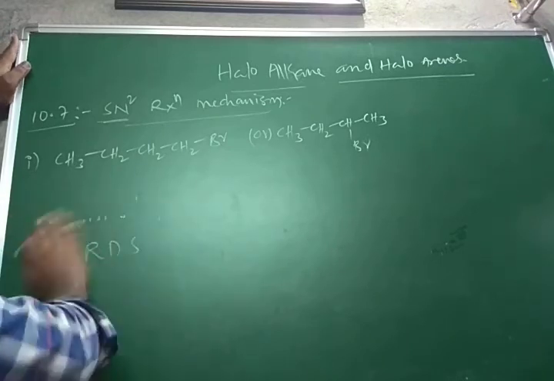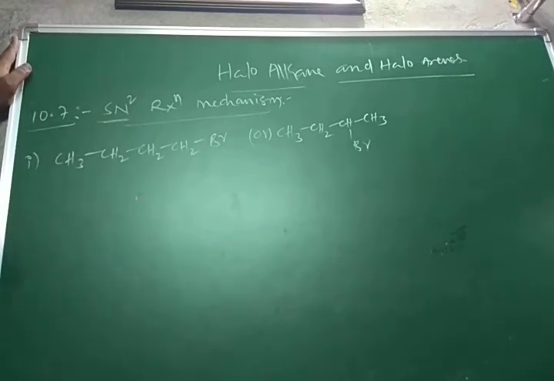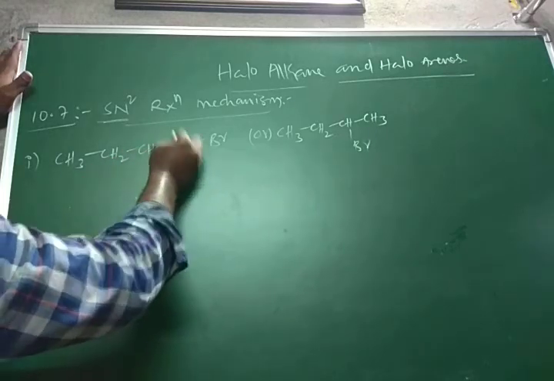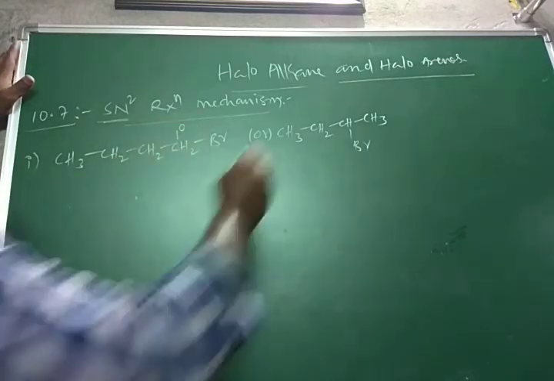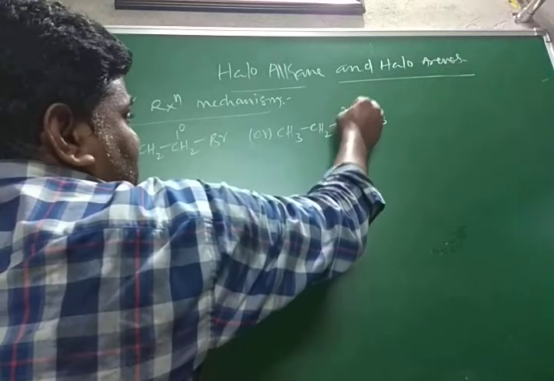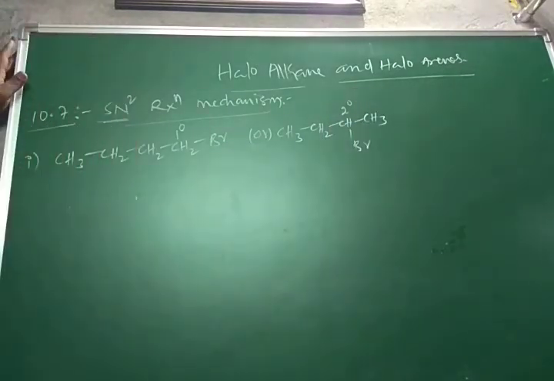In this one, first identify the primary and secondary carbons, then we will easily know which compound can follow the SN2 reaction mechanism. Here this carbon is primary carbon and this carbon is secondary carbon, but we know the order of SN2 reaction mechanism and SN1 reaction mechanism.